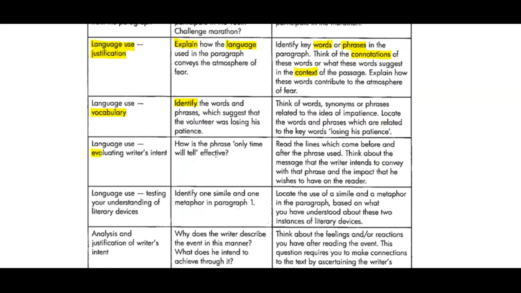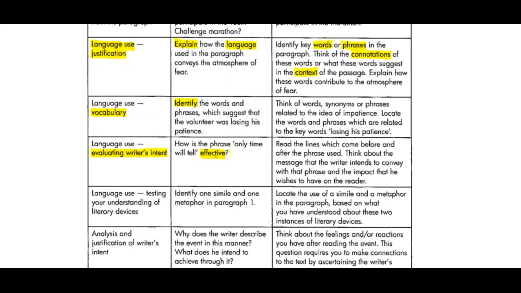Next, you need to evaluate. So evaluative skills again, slightly more difficult: evaluating the writer's intent. Similar to the justification, you need to explain how it is effective, except that in language use justification, they're telling you that it conveys the atmosphere of fear, so you're just justifying how it conveys.